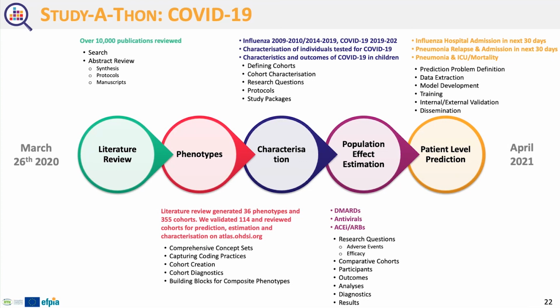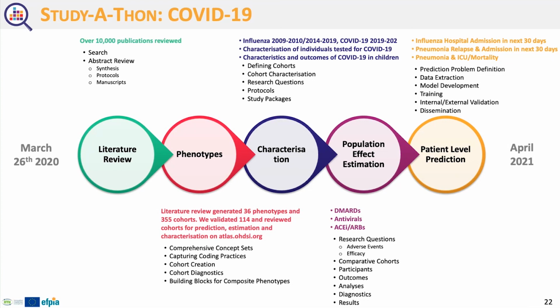We started off by doing literature review and really thinking about what we had at the time, which of course at that point was really when the pandemic was in its infancy, generating phenotypes, so generating cohorts of patients, and really thinking about how we wanted to design our studies, thinking about how to build the blocks of studies that would be methodologically sound. Characterization was work to compare COVID to influenza, to think about all the different populations that are impacted. So a particular example given here is how COVID-19 has affected children.